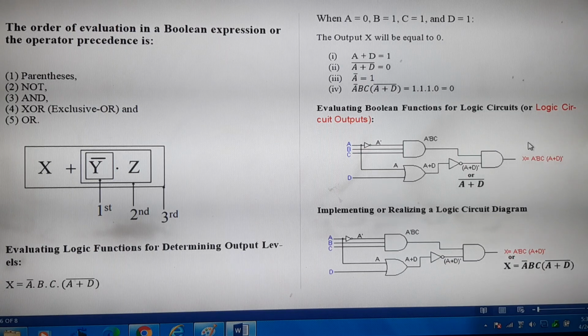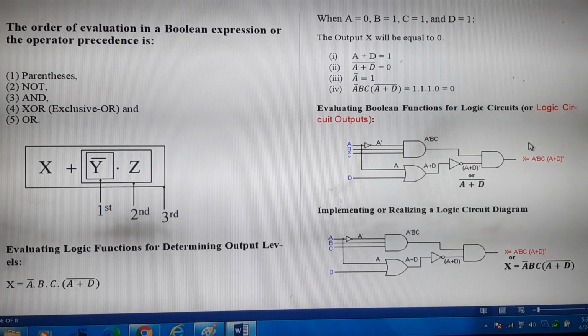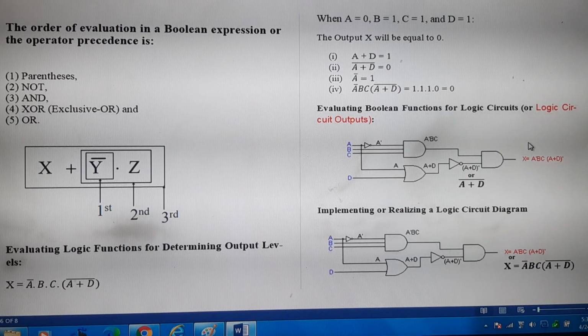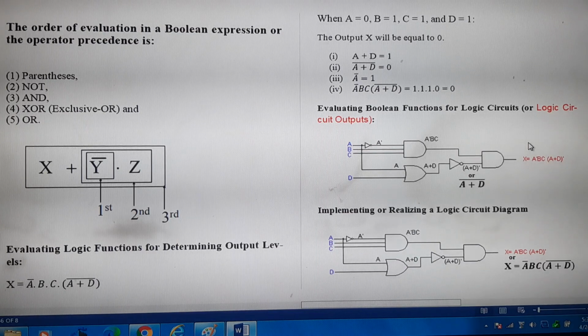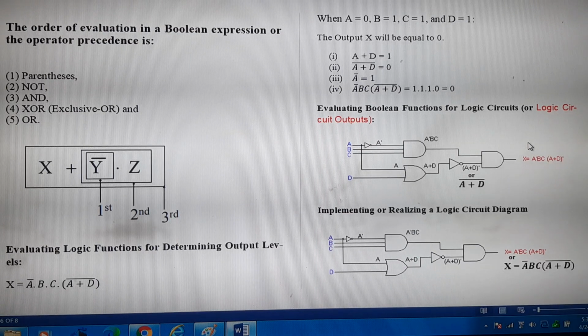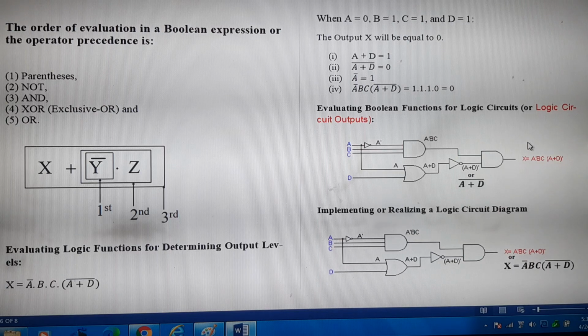Now we consider one more Boolean expression. Say x is equal to a bar dot b dot c dot parenthesis a plus d bar. The bar is over a plus d, which is enclosed in parenthesis. Now we have to determine its output logic level.